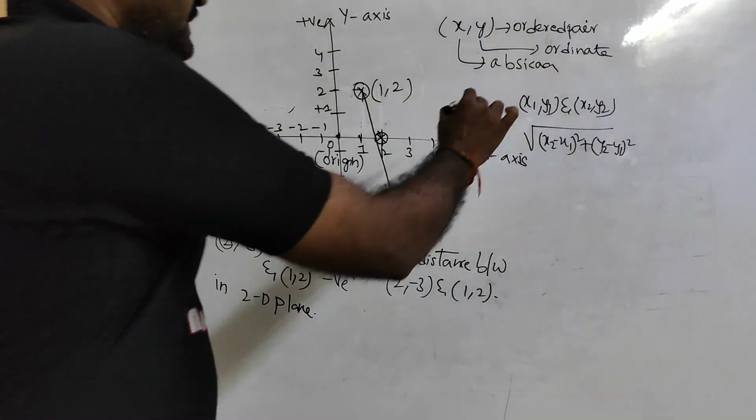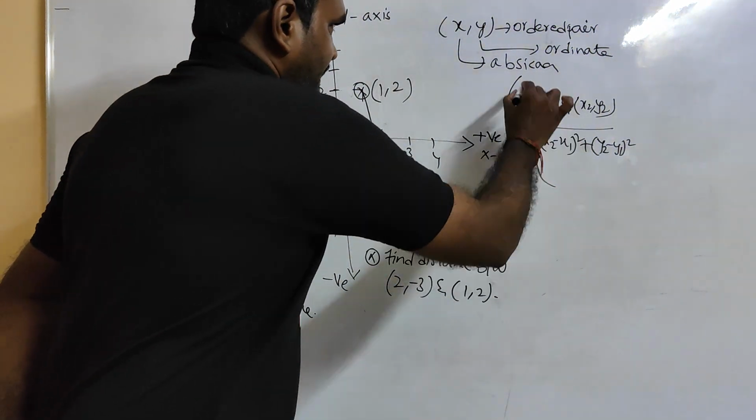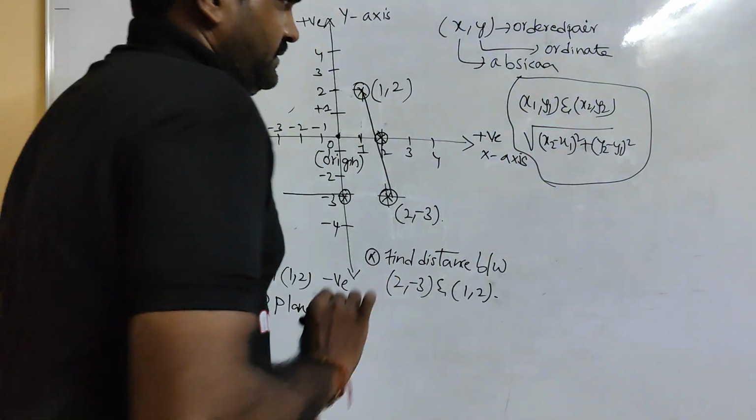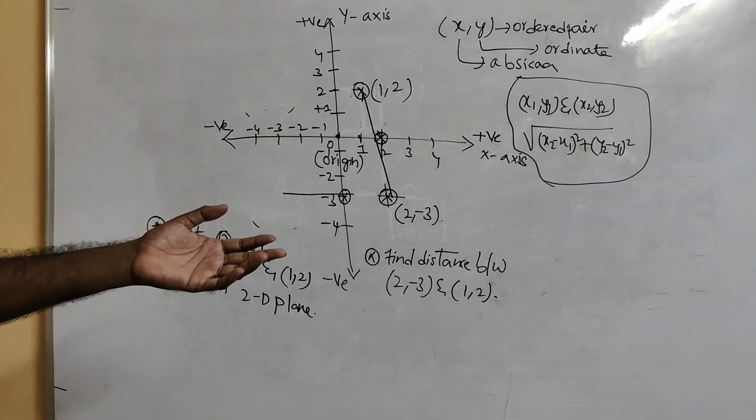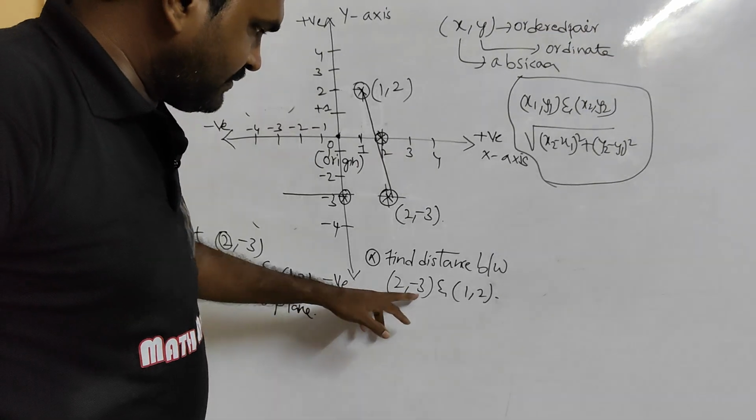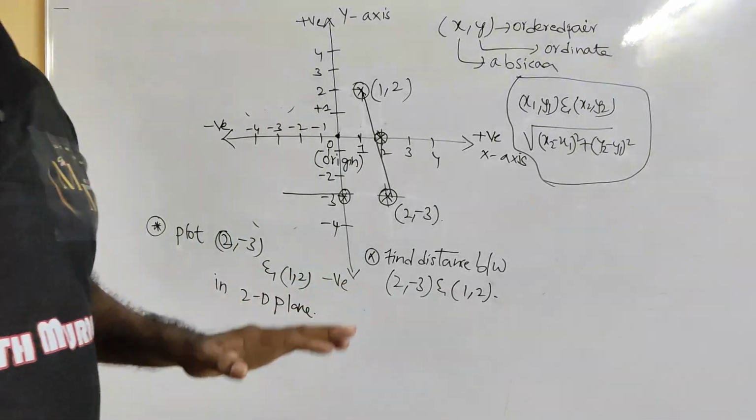This is the formula for finding distance between 2 points. You may be having one doubt that, sir, what to take as x1, y1 and what to take as x2, y2.